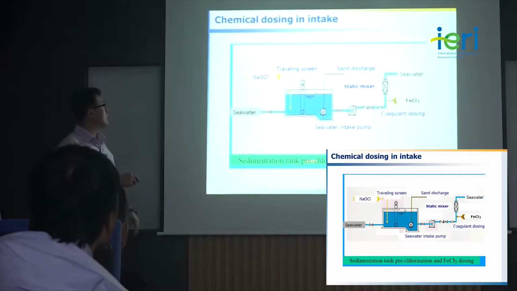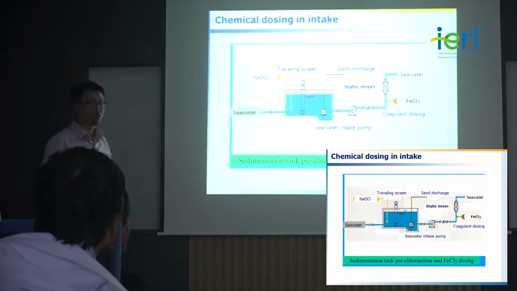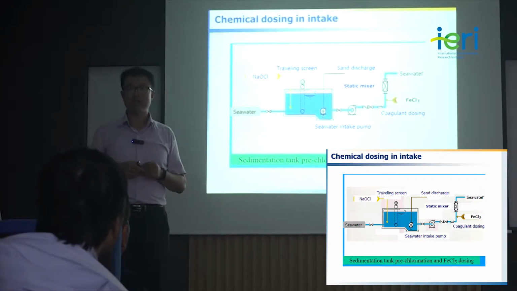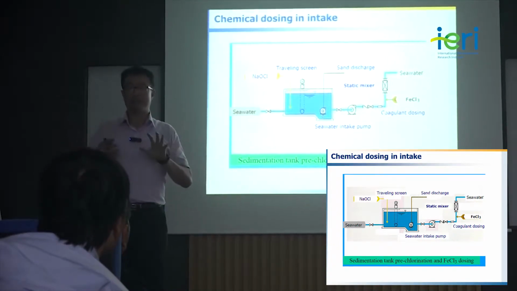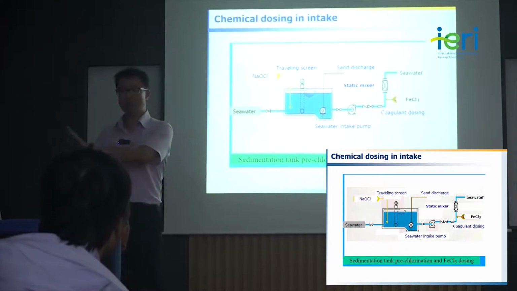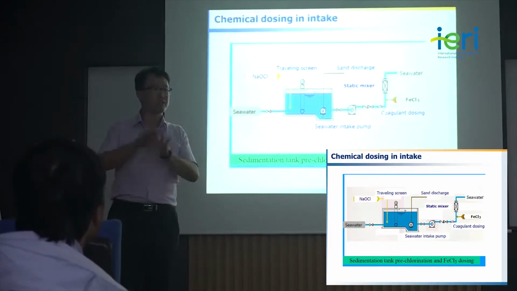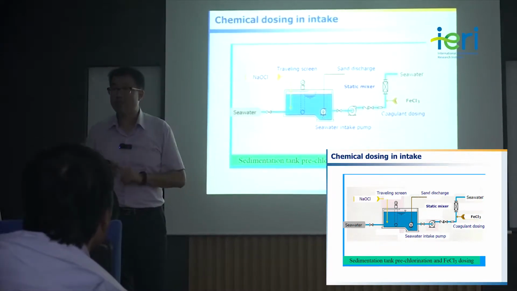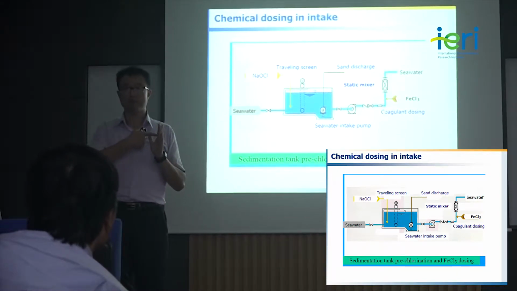And this system shows putting in chlorine to disinfect the seawater. If there are microbes in the seawater, they will grow in the system, in the pre-treatment system and the reverse osmosis membrane. That means they can pollute the system. To prevent that kind of situation, we need to put in chlorine to kill the microbes.